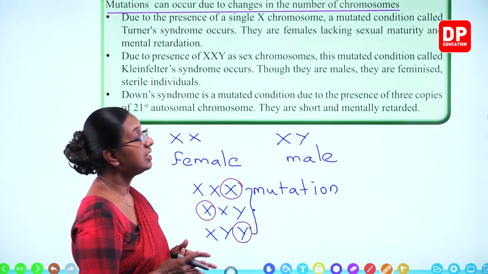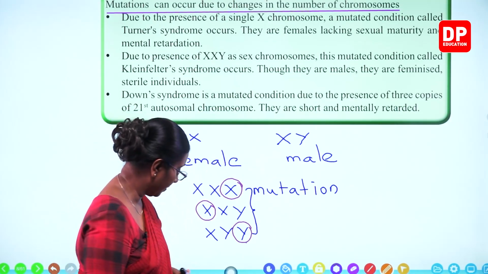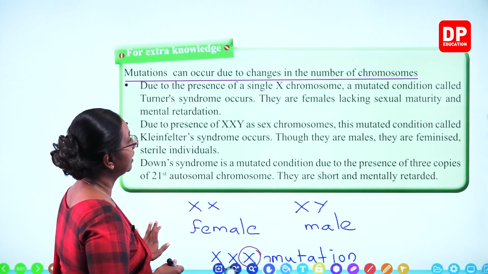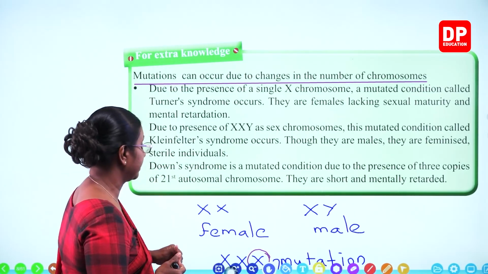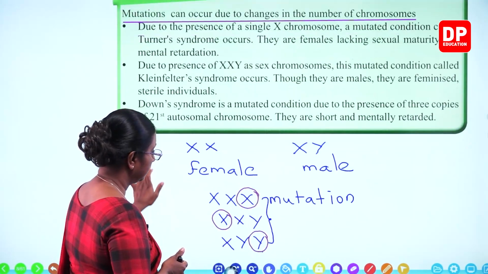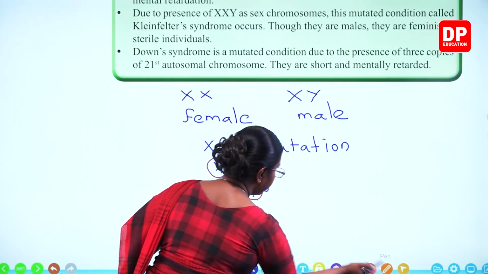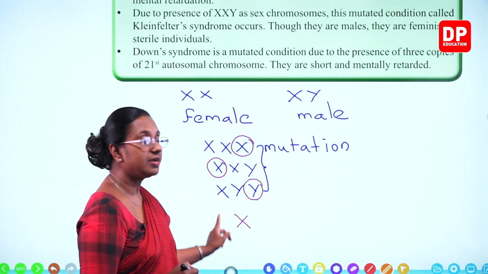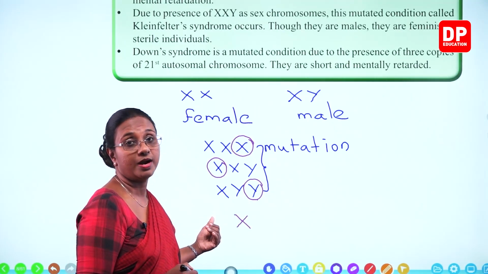There are different instances where these are observed in the human population. If you look at those examples, you can see that a single X chromosome is also possible. These are mutations. In XX, one is missing, so there is only one, less than the required amount.